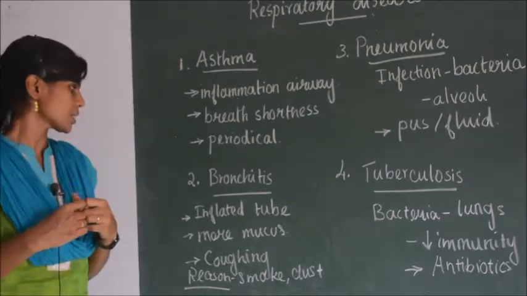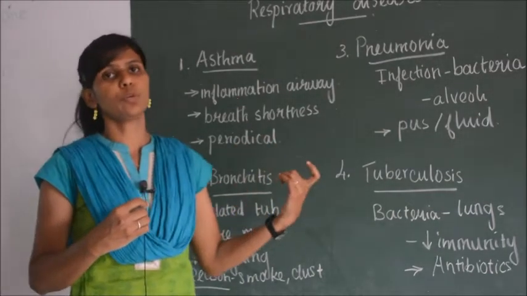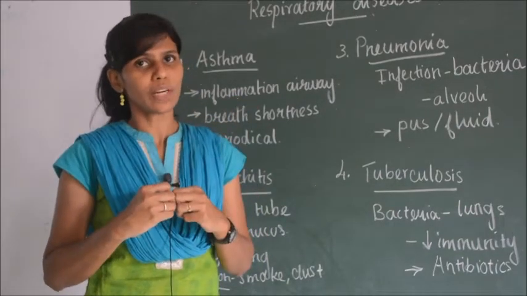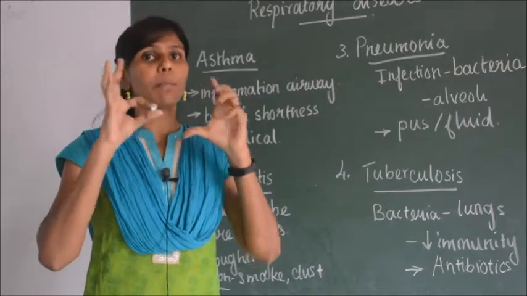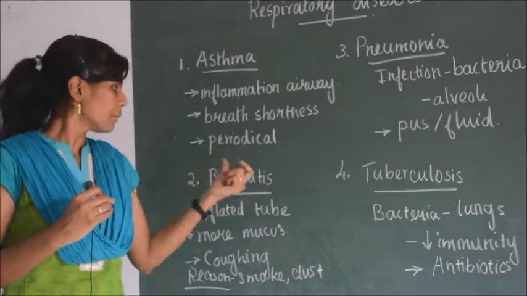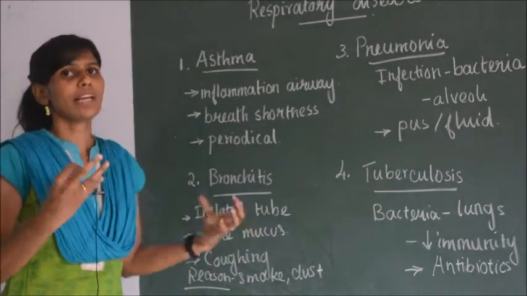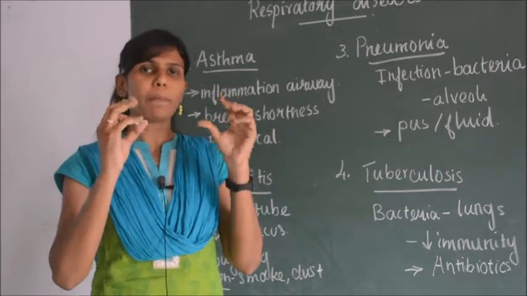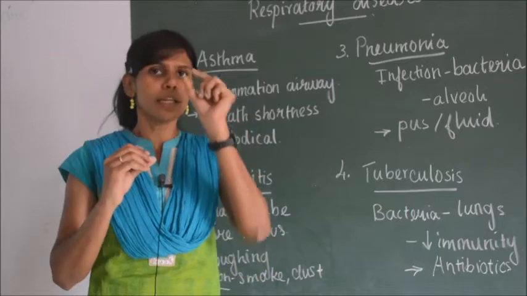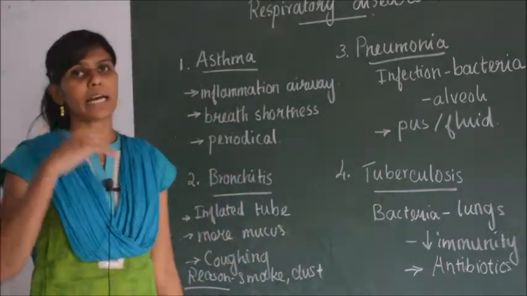This is about asthma. What is bronchitis? It is an inflamed bronchial tube. If you know the structure of the respiratory pathway, you know, right? Trachea, bronchi, bronchioles, alveoli, all you have in your respiratory pathway. In that, the bronchial tube is sometimes affected or inflamed. If it becomes large, what will happen? The size of the opening will be small. If there is inflammation in a tube, then the opening becomes smaller and there is difficulty for the air to enter.